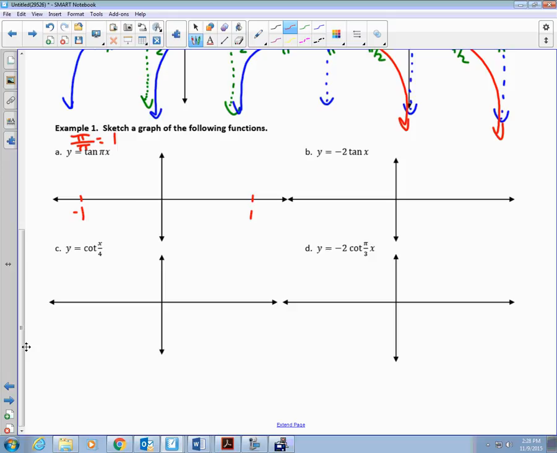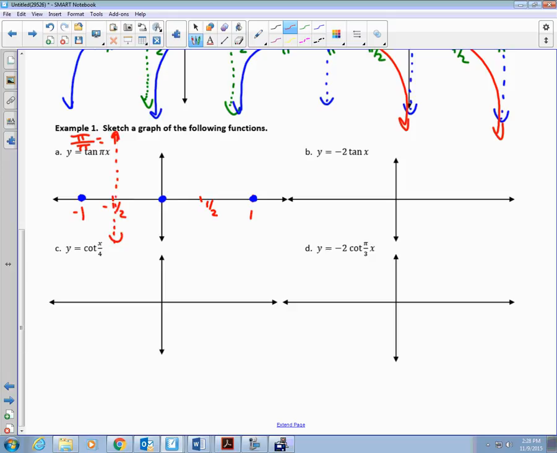Is tangent equal to 0 at the period, or is it undefined at the period? It's equal to 0 at the period. So I put dots on those spots. Tangent is undefined halfway in between. What's halfway in between 0 and 1? 0 and negative 1? Negative 1 half.